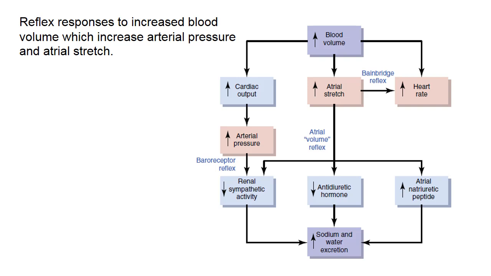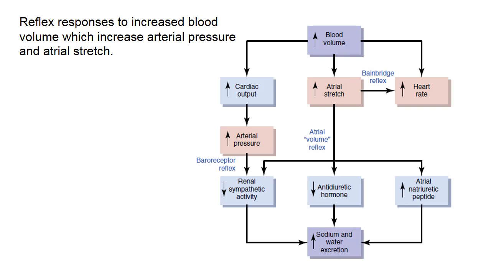Also, increasing blood volume can increase cardiac output and increase atrial pressure, and increasing atrial pressure can activate the baroreceptor reflex, and the baroreceptor reflex can act on sympathetic system activity, and finally decrease blood volume by increasing sodium and water excretion.